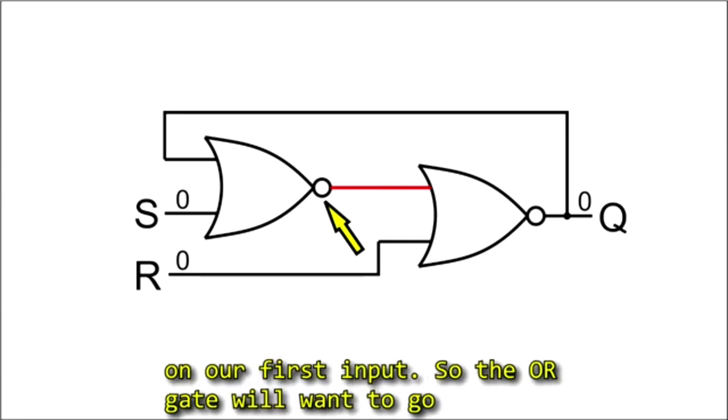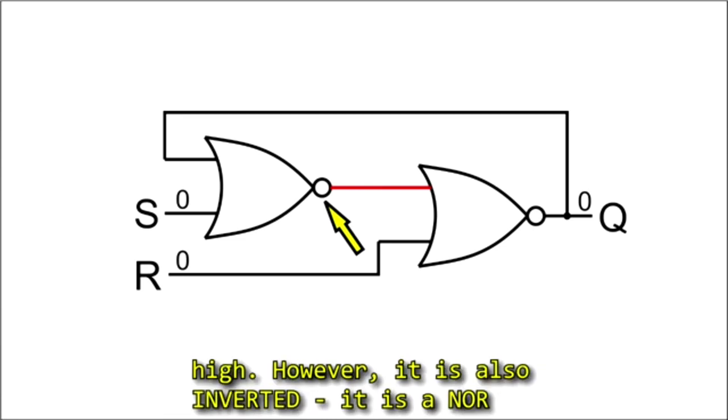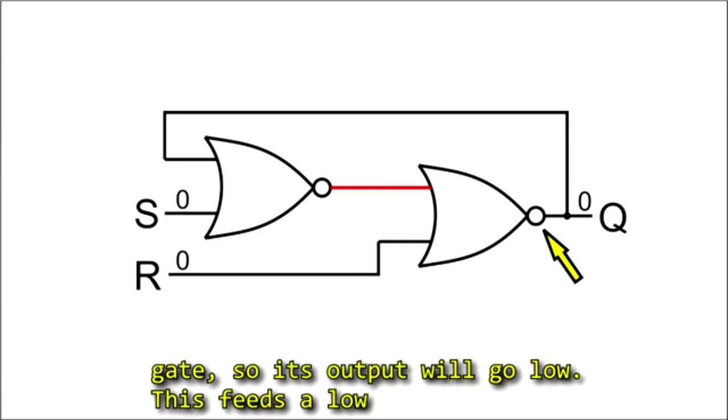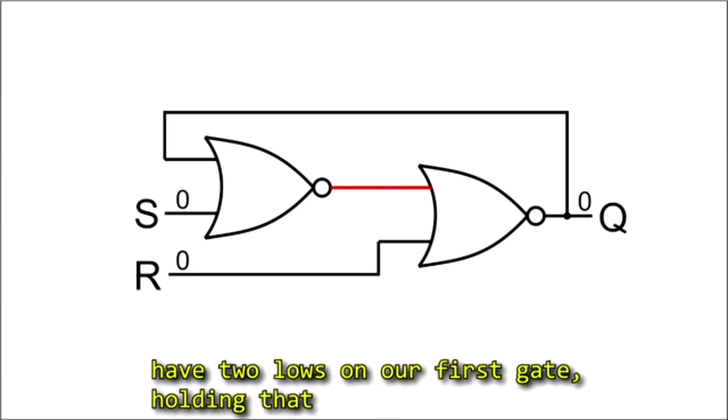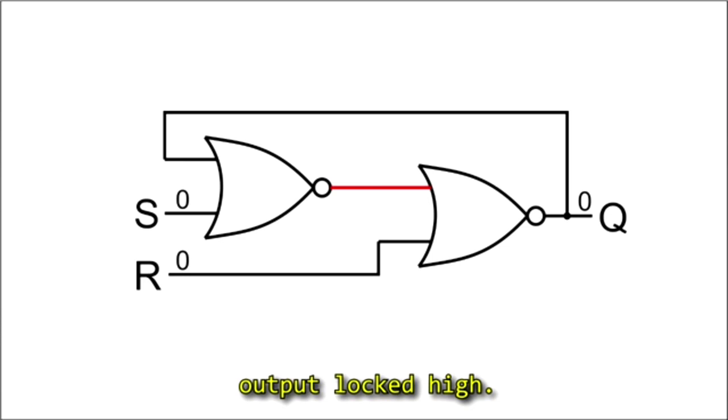We have a high on our first input, so the OR gate will want to go high. However, it is also inverted. It is a NOR gate, so its output will go low. This feeds back low to the first input on our first gate. We now have two lows on our first gate, holding that output locked high.